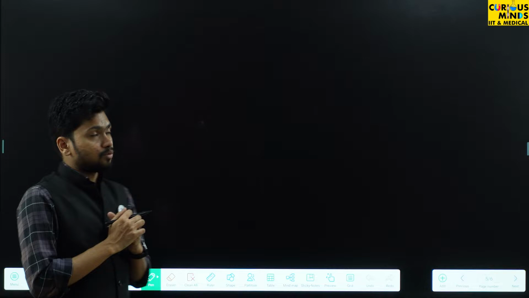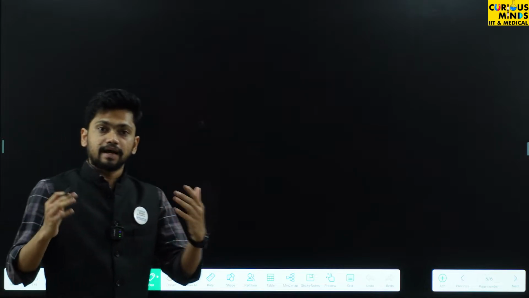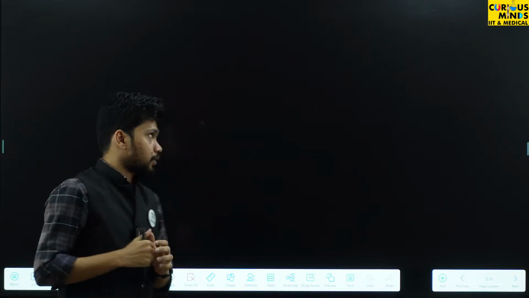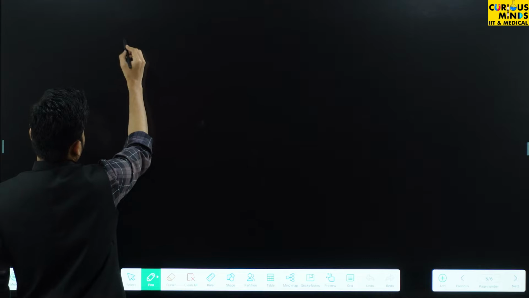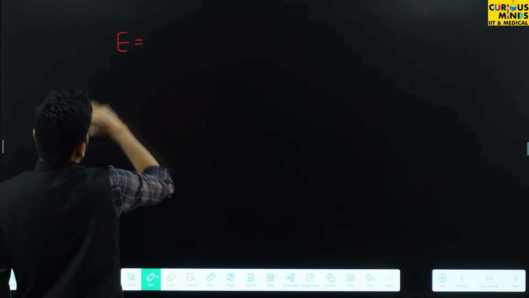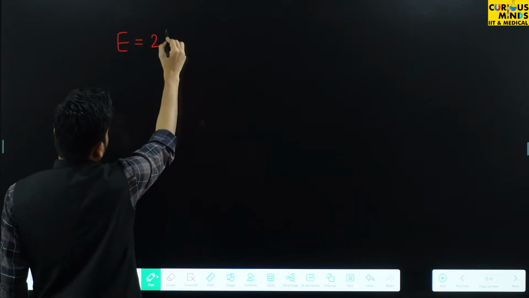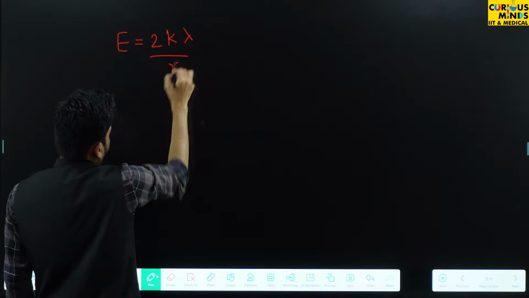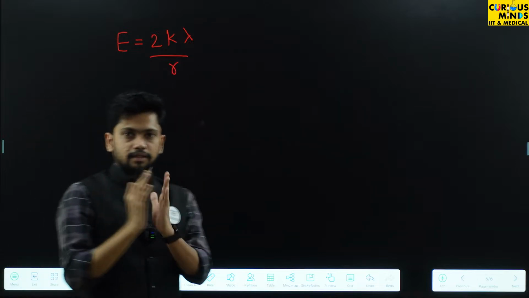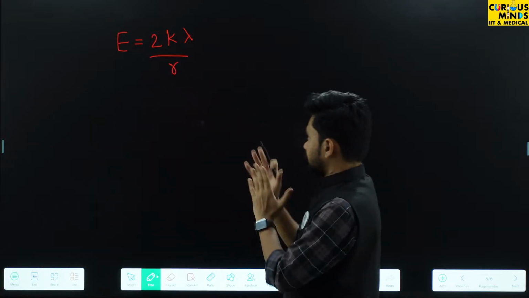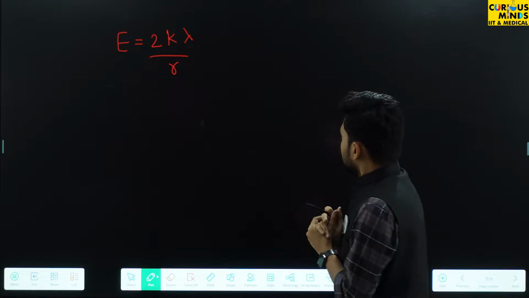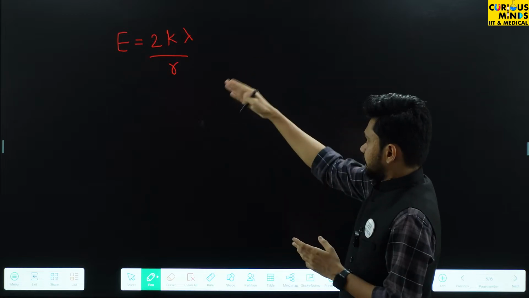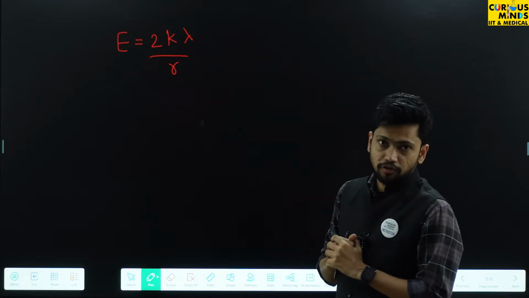So first write down the electric field that the system creates. We know that the electric field is going to be 2k lambda by r, k being the constant that we use in Coulomb's law. So this is how the electric field behaves as a function of r.